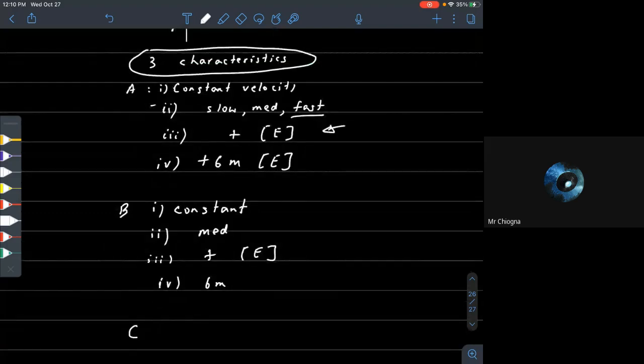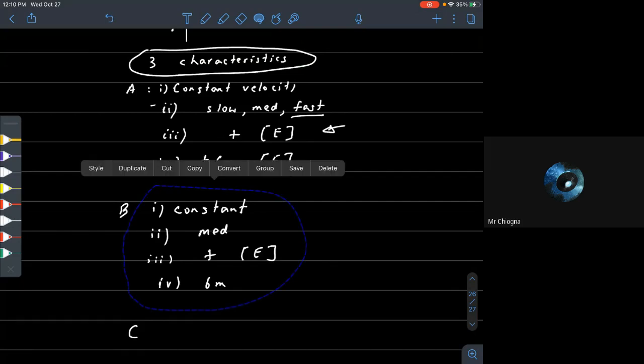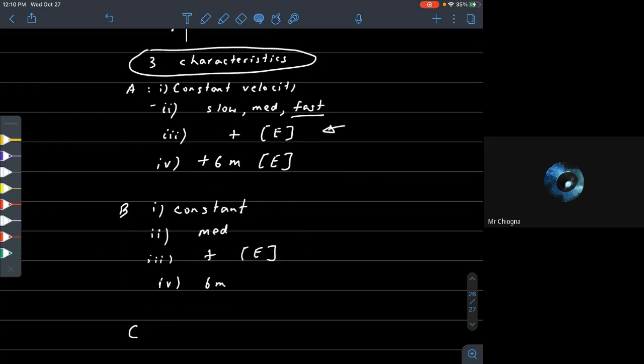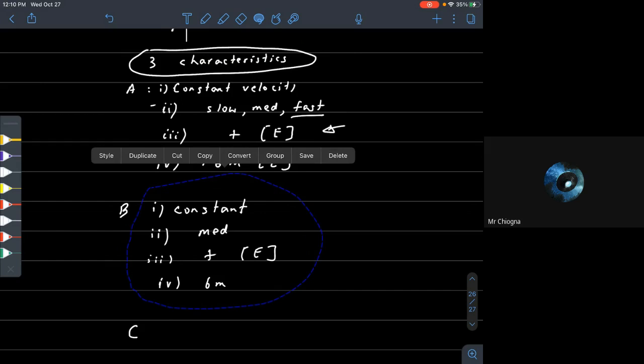C, I'm going to quicken this up. Everything, just copy it. Everything is the same except for the second characteristic. What changes?